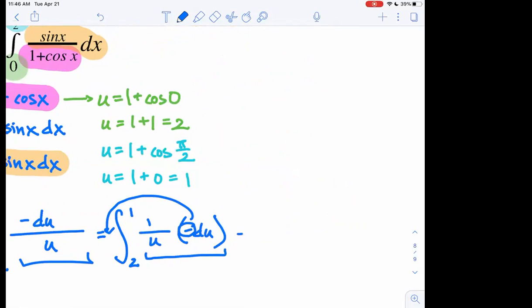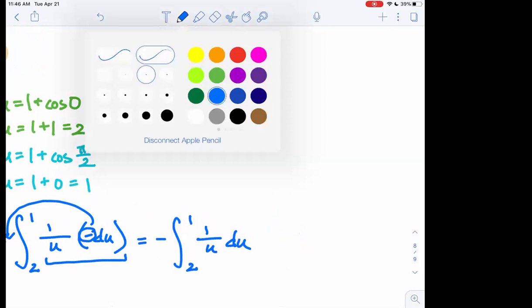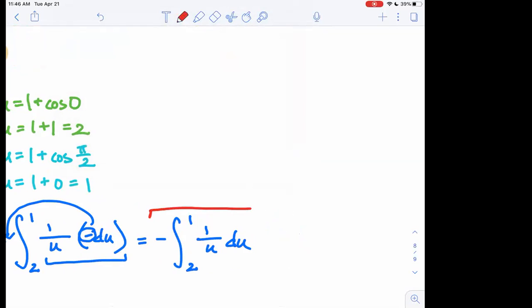So that we've seen before, negative integral from 2 to 1 of 1 over u du, okay? This next step is optional for you, but it is a good review of properties of integrals, okay?